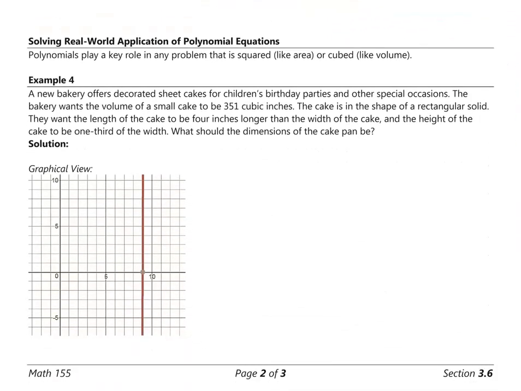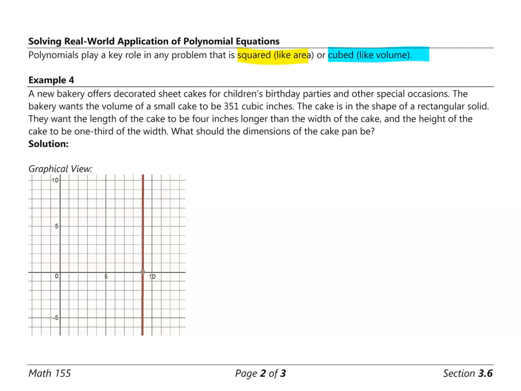Next one, solving real-world application of polynomial equations. Polynomials play a key role in any problem that is squared like area or cubed like volume. Example 4. A new bakery offers decorated sheet cakes for children's birthday parties and other special occasions.